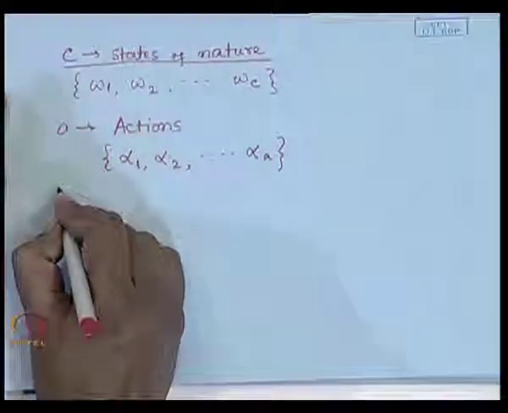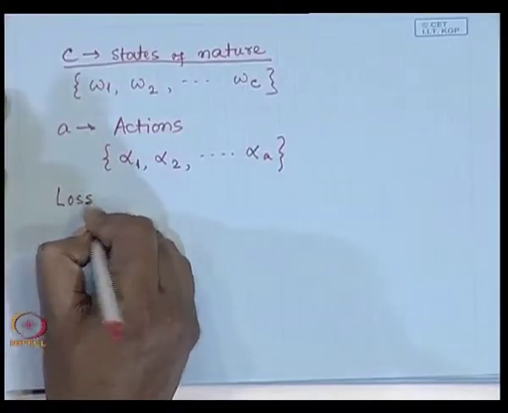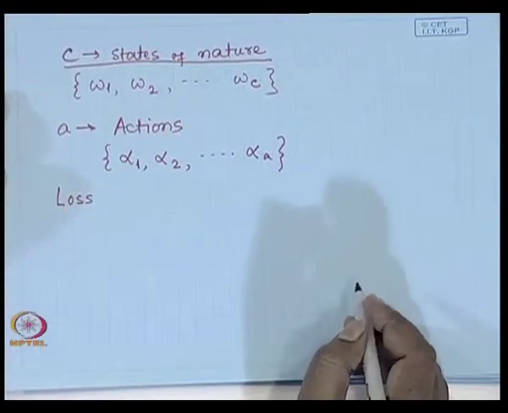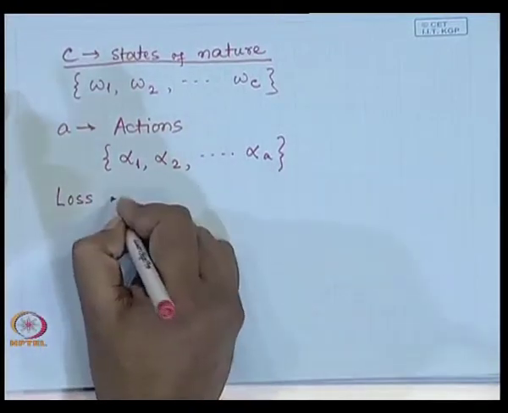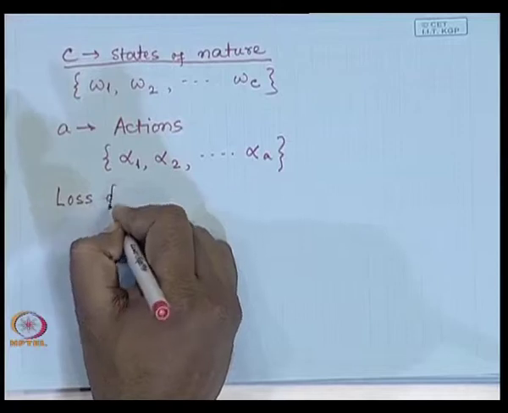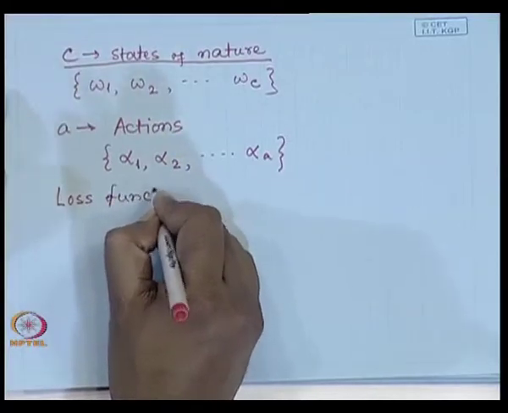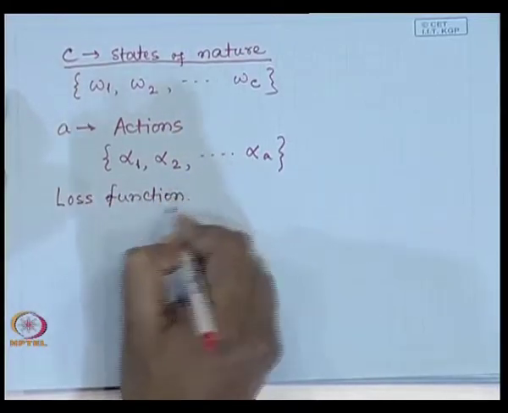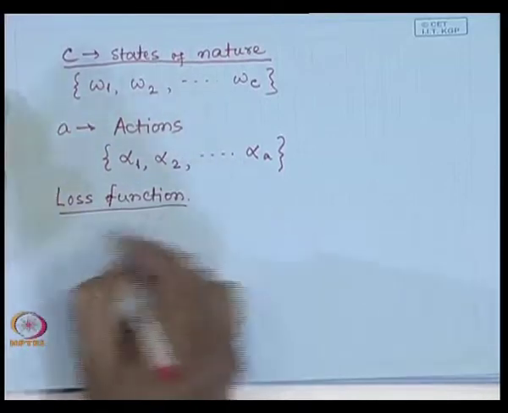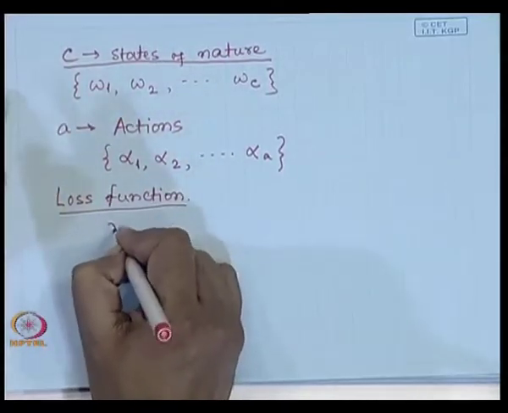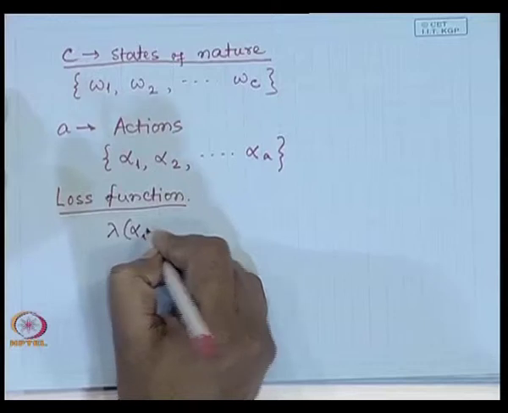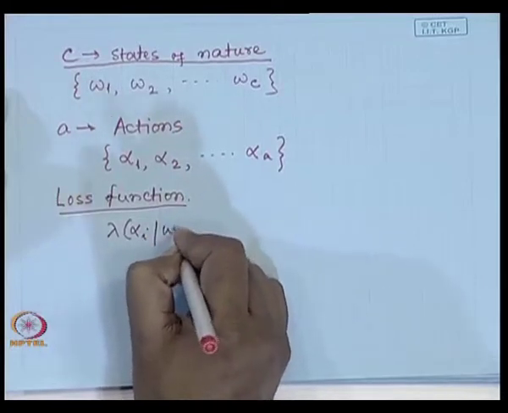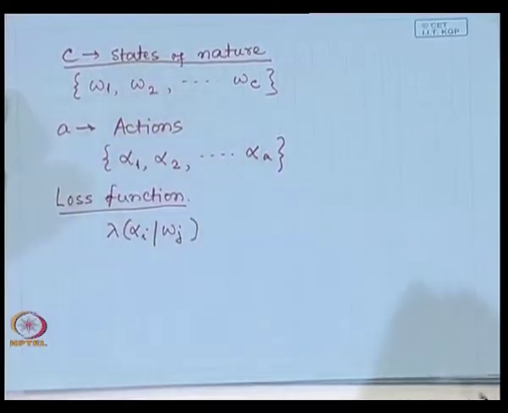And I said that we introduce a loss function which is more general than probability of error. This loss function I represent as lambda of alpha i given omega j.